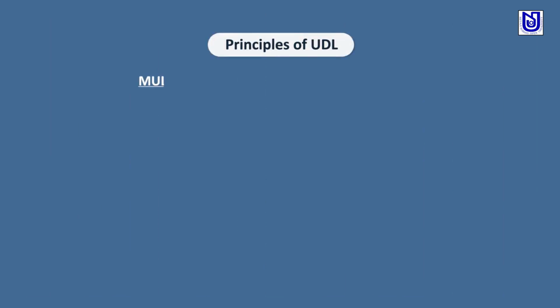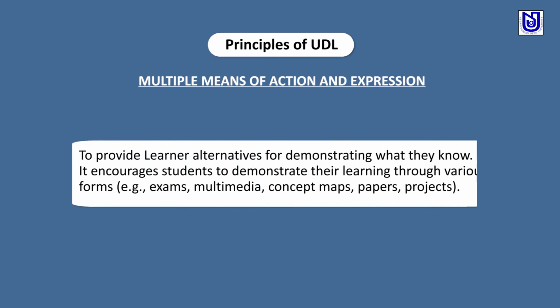Here comes the second principle of universal design for learning, which is multiple means of action and expression. Here the aim is to provide learners alternatives for demonstrating what they know.